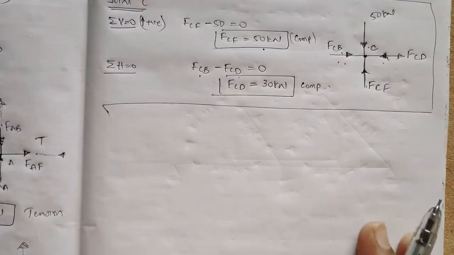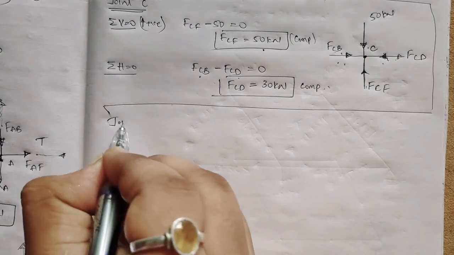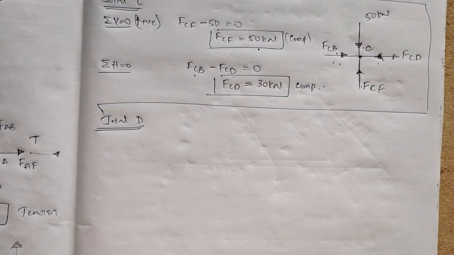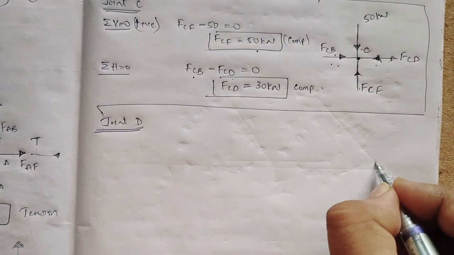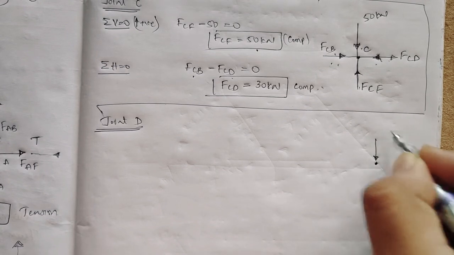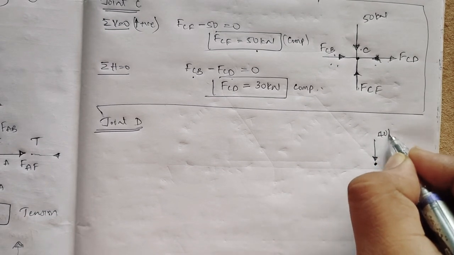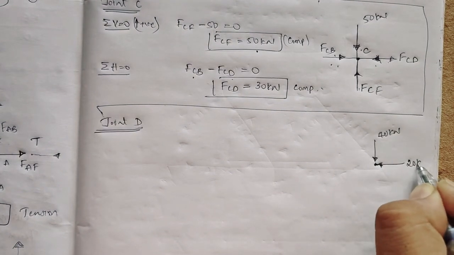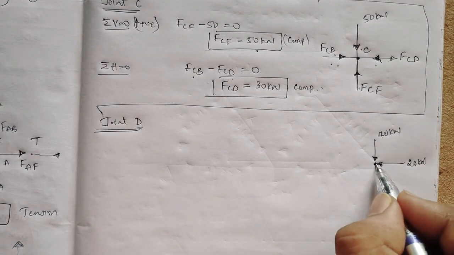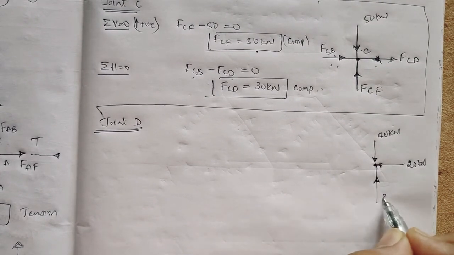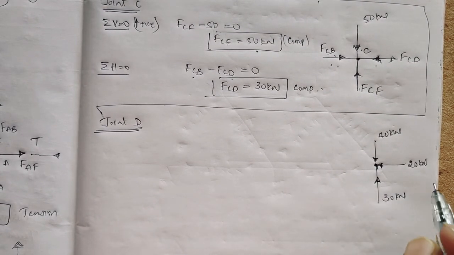Okay, so I'll take now joint D. So the joint D will be like this. One force is coming downwards, that is 40 kilonewton. Another force is coming towards it, that is 20 kilonewton. Another force FCD is already found, that is 30 kilonewton.